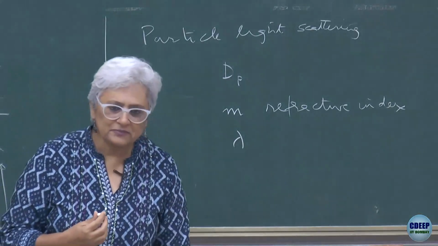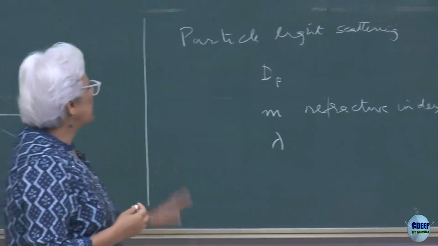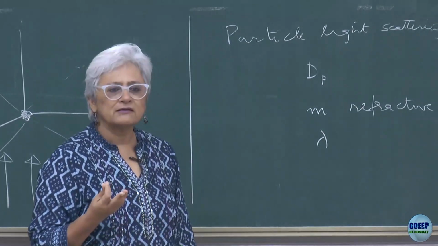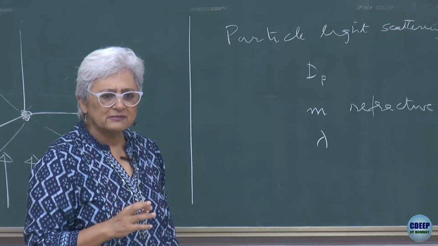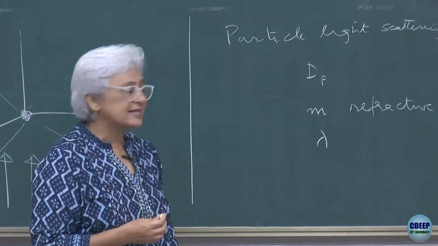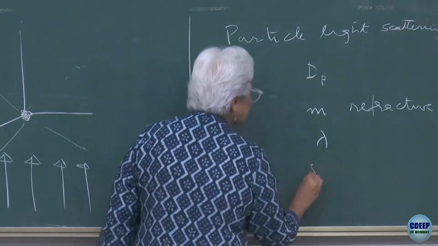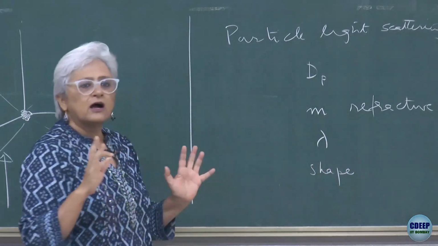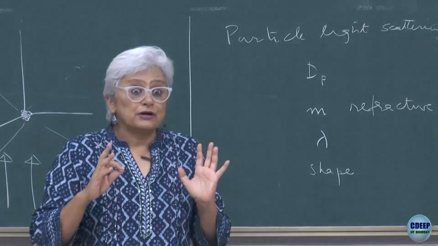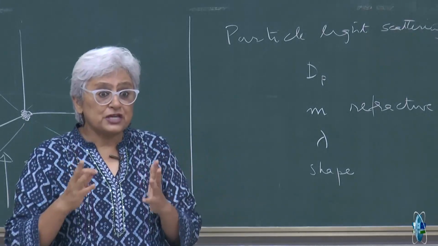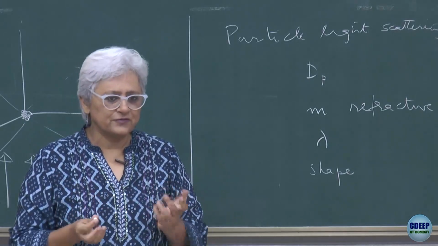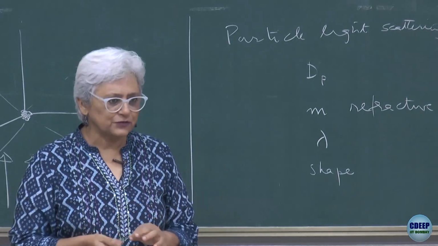So, you know, these are very important characteristics, and we can also of course talk about shape of the particles, and different sized, shaped particles like dust particles are going to scatter very differently from spherical particles and so on and so forth.